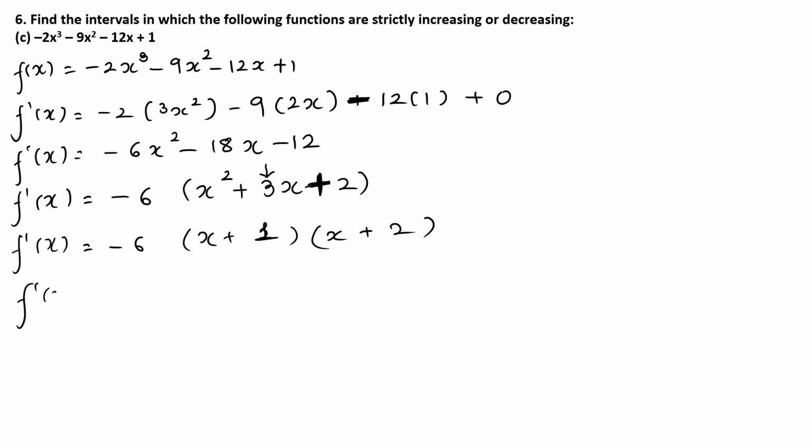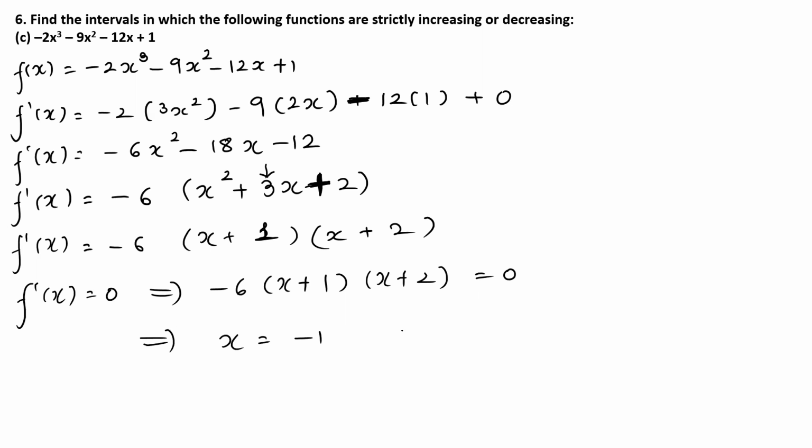Next step is simple. We make f dash x equal to 0. That means the whole expression we found on top is 0, and it will give us two values of x: x is equal to minus 1 and x is equal to minus 2.